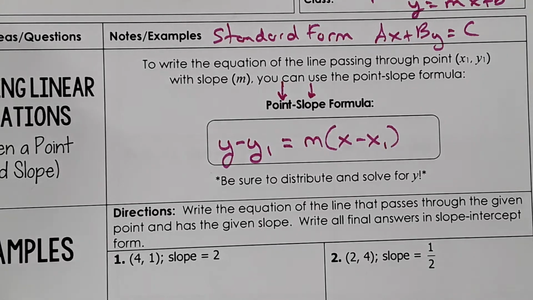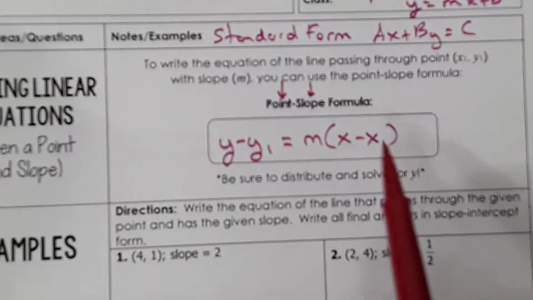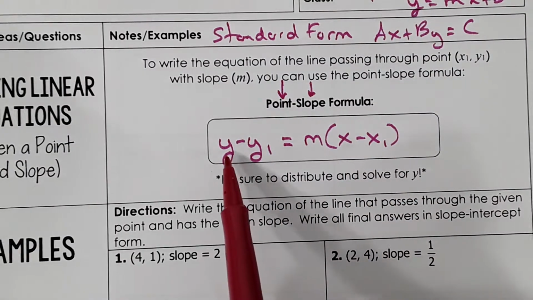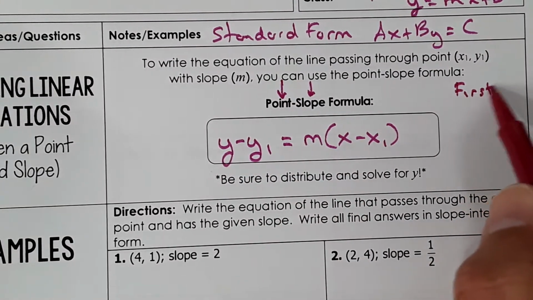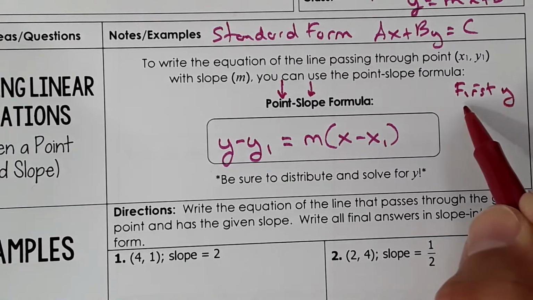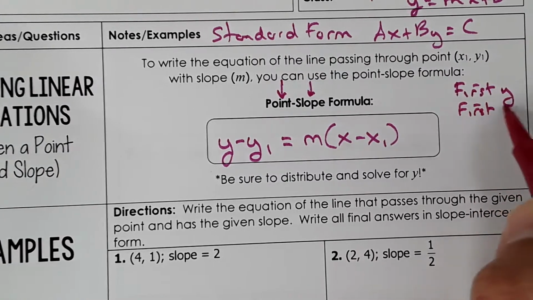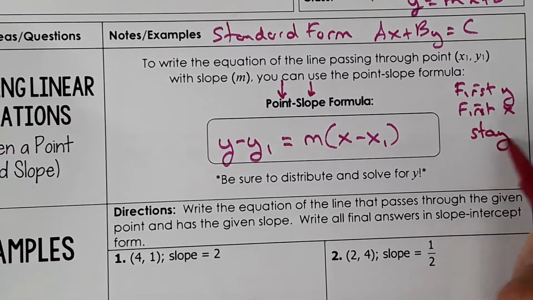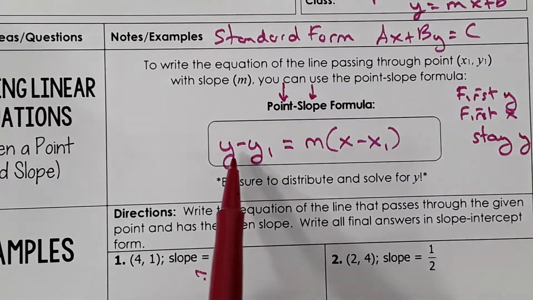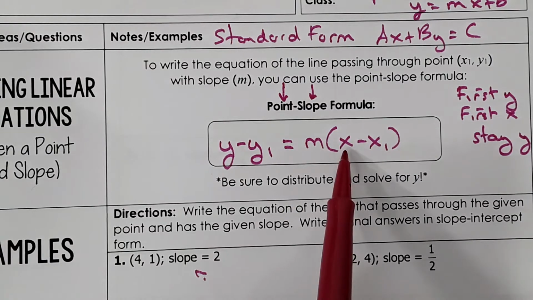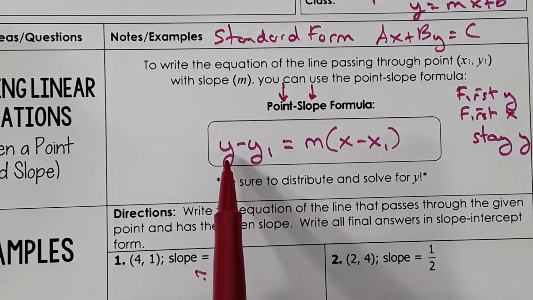Okay? So this is the point-slope formula where this first y and the first x stay y and x, meaning you're not going to substitute anything in here for this first x, and you're not going to substitute anything in here for this first y.